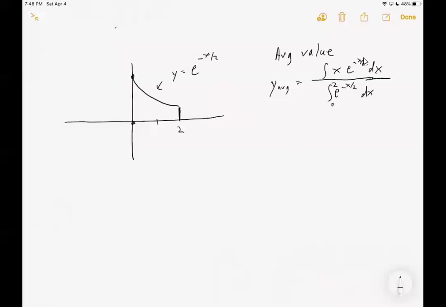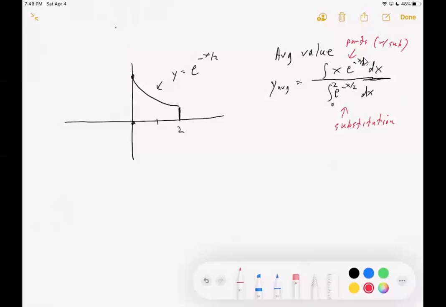So the integral of the denominator would be a simple substitution problem, or even a quick substitution where you don't have to write it all out. You can sort of guess and check. But the numerator would be an integration by parts problem with a substitution inside of it, okay?